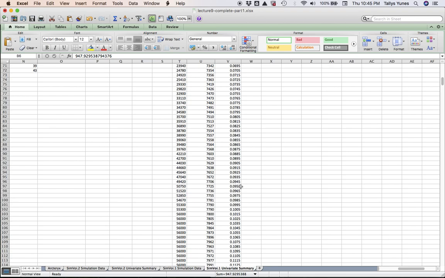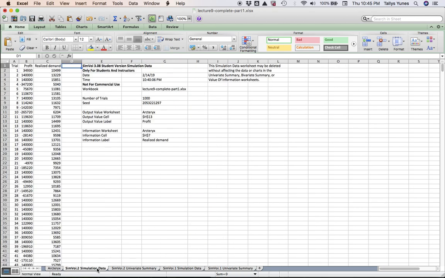So this number here is what is the chance that the result is this value or less. But I want to know the chance of being 50,000 or more. So if it's 9.5 of being less, then it's 90.5% chance of being more.